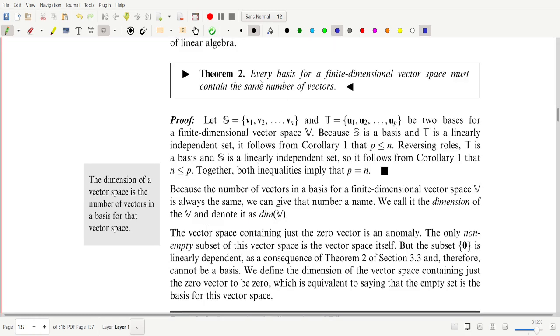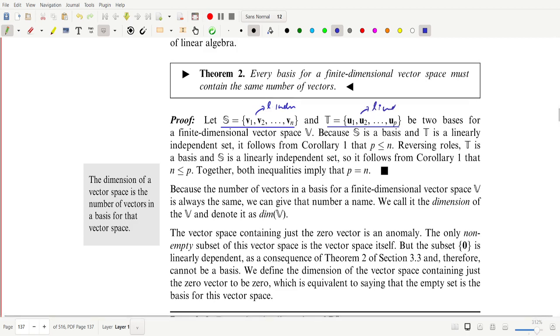Now we have theorem 2. Every basis for a finite dimensional vector space must contain the same number of vectors. That means if we have two different bases S and T, each is linearly independent and spans V anyway. So we use the idea of linear independence of these vectors.